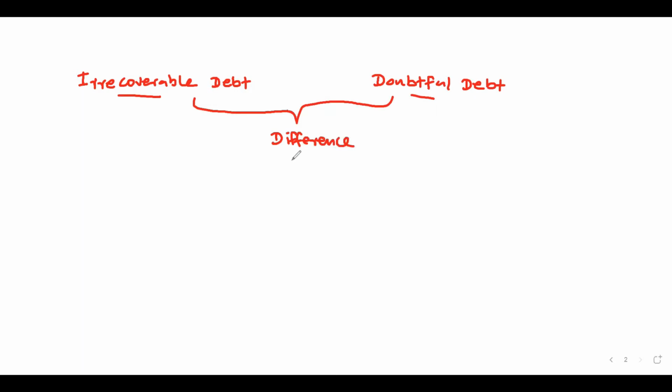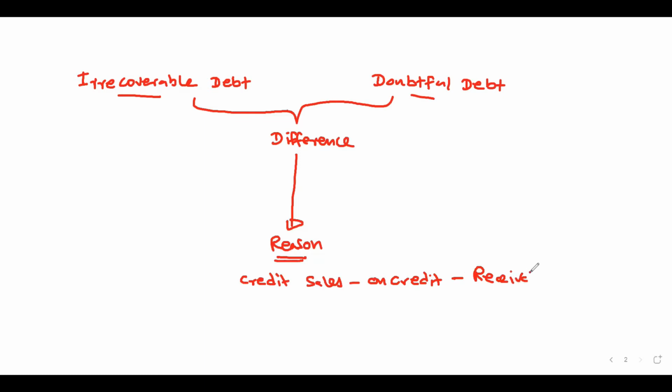Before we look at the difference, we should know the reason for this, how it arises. The main reason is credit sales. If a business sells goods on credit, there will be receivables from customers.